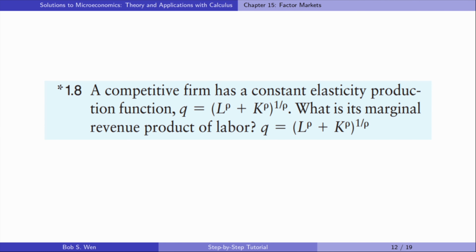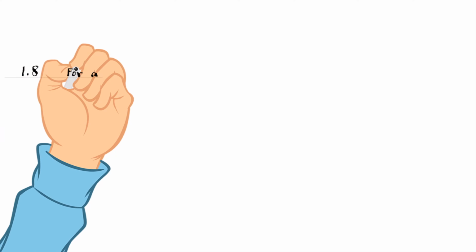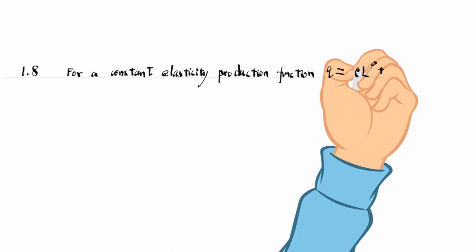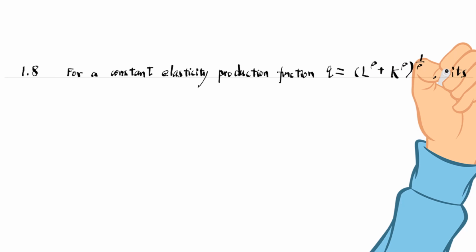Here's exercise 1.8. A competitive firm has a constant elasticity production function. What is its marginal revenue product of labor? For a constant elasticity production function, its marginal product of labor is as follows.